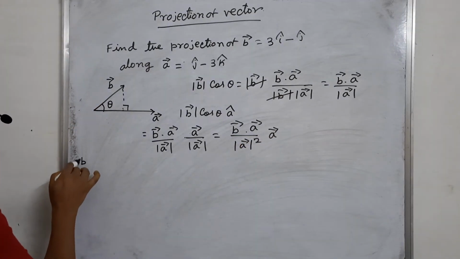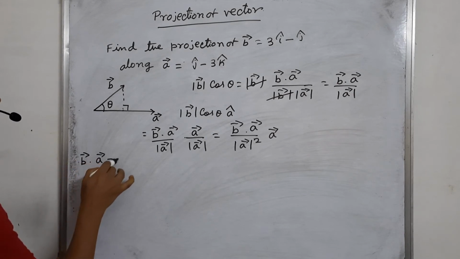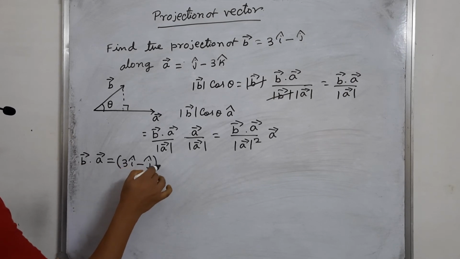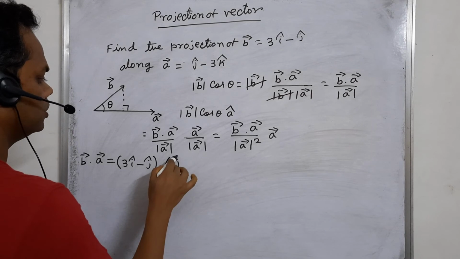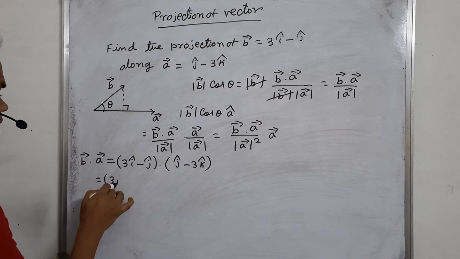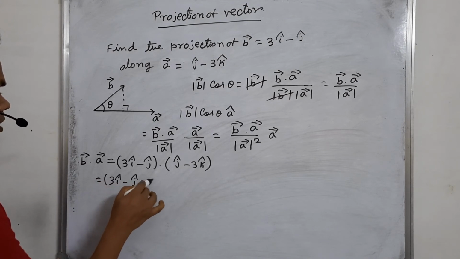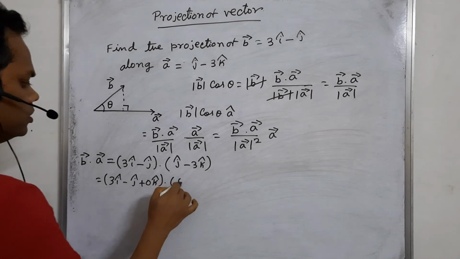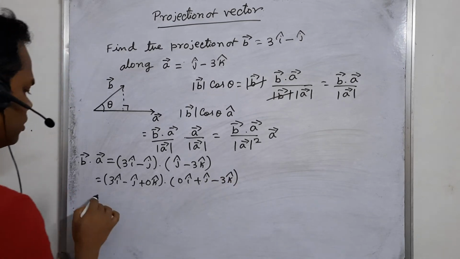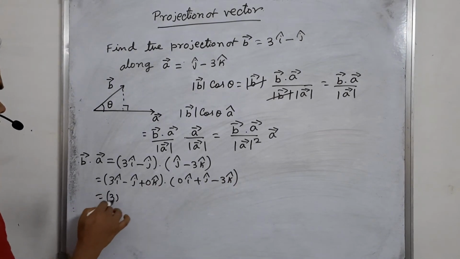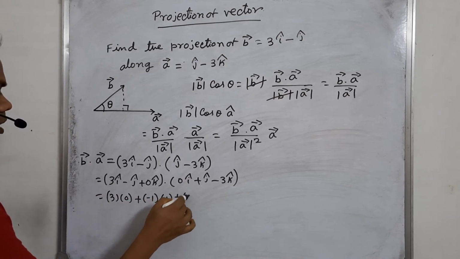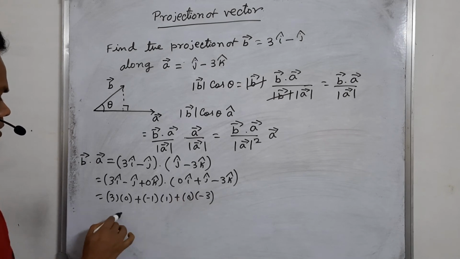Now b vector dot a vector is 3i minus j dot j minus 3k, which can be written as 3i cap minus j cap plus 0 k cap dot 0 i plus j minus 3 k cap. So 3 into 0, plus minus 1 into 1, plus 0 into minus 3. This is minus 1.